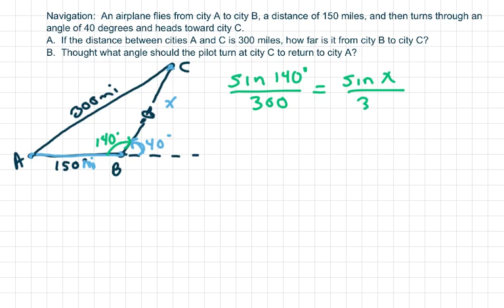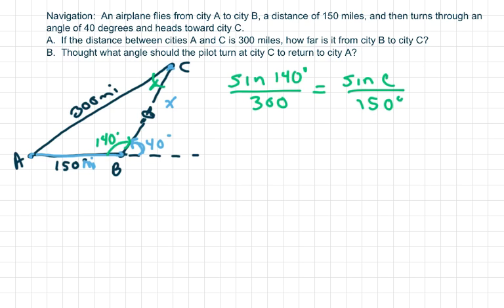Not over 300, but 150, sorry. I got interrupted there. Basically what we're looking for is C, so I wrote that down wrong. I knew something was off. Okay, so this is C. So first thing we want to find C before we find X.